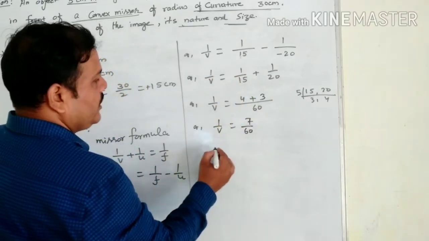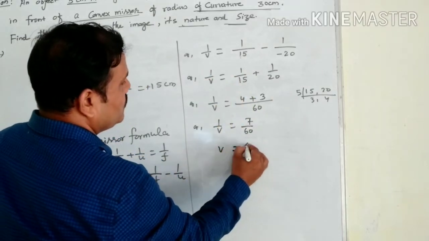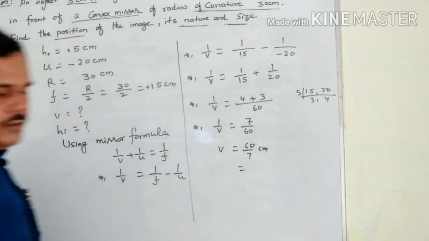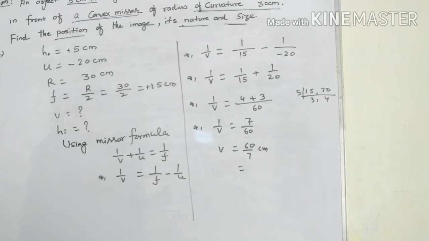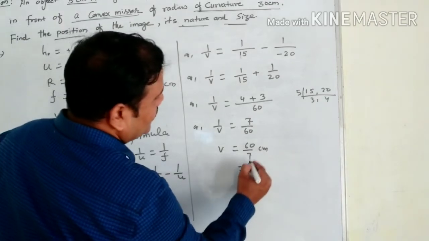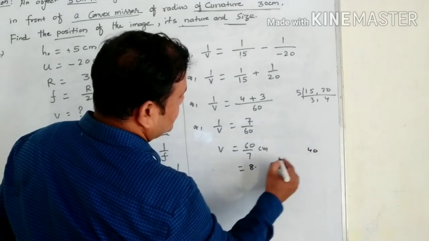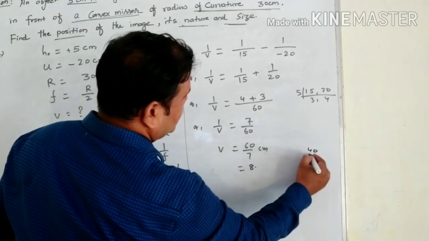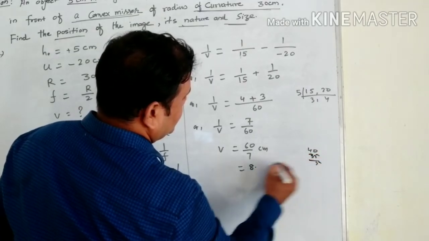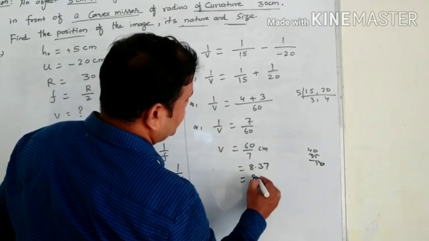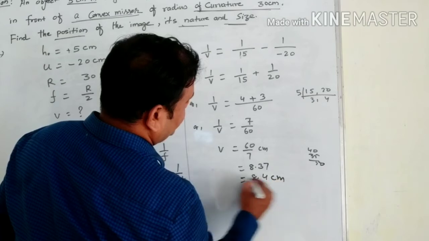Now you inverse it, so you will get v equal to 60 by 7 centimeter. 60 by 7 means, when you divide, 7 8s are 56, then 7 5s are 35, so it is 8.4 centimeter.